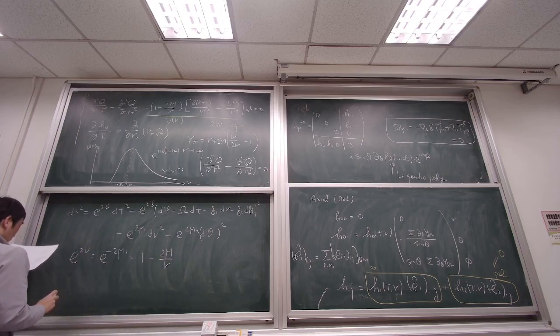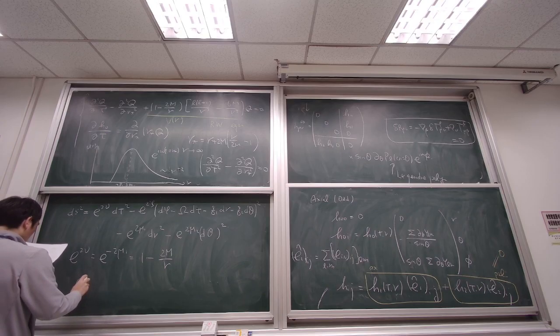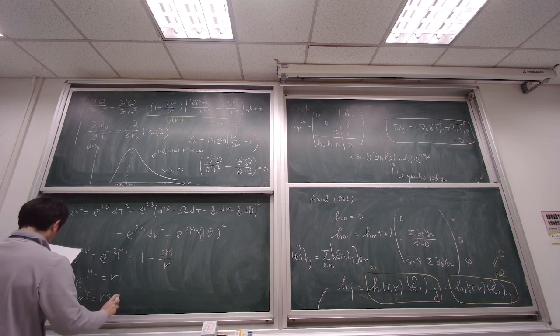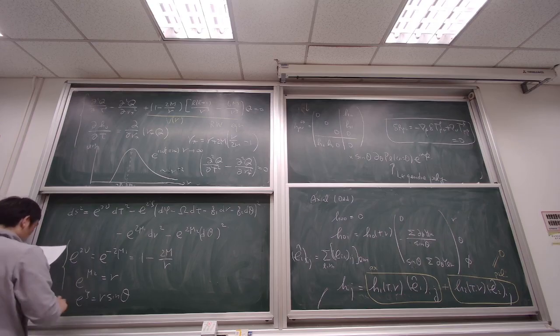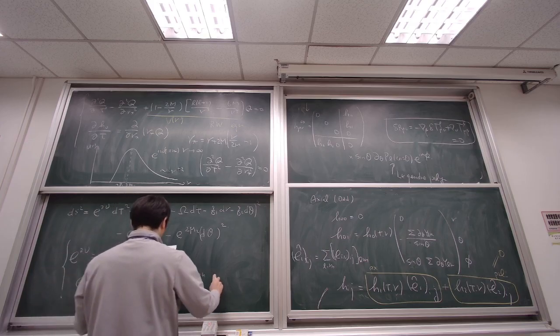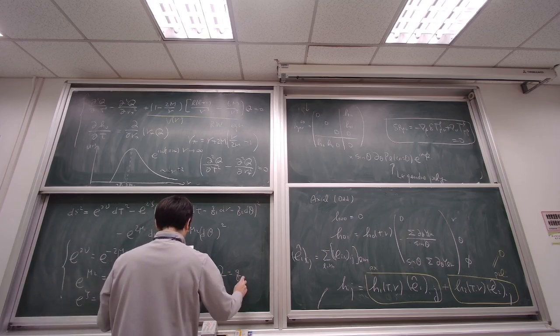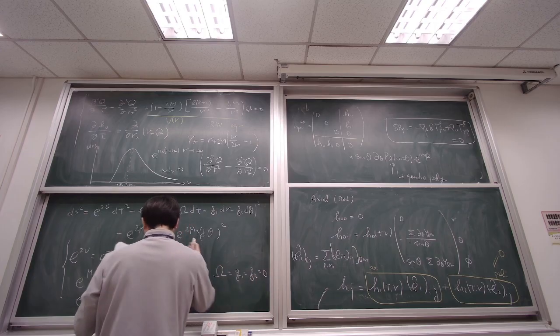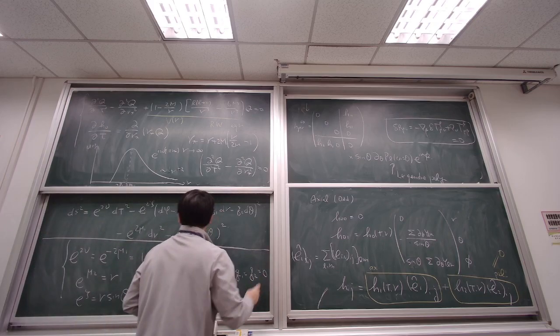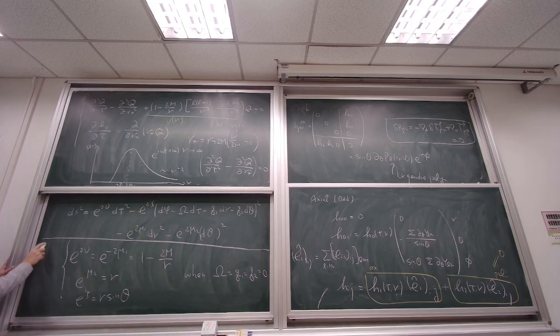e^{2ν} is equal to 1 minus 2m over r, and e^{μ2} is equal to r, and e^{ζ} is equal to r sin θ, when Ω equals q1 equals q2 equals 0. So to get the Schwarzschild metric, you have to impose this, Schwarzschild black hole.